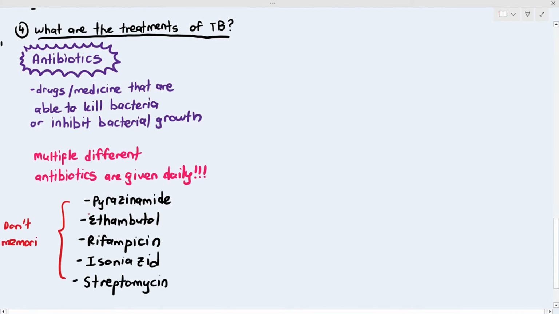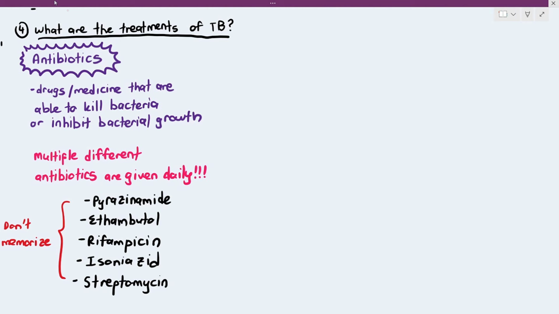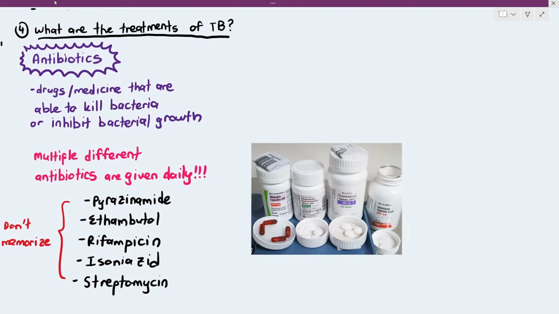Shit, do I need to memorize this? No, you don't have to memorize it. But what you do need to know is multiple different antibiotics are given to the patients daily. In fact, in some cases, the patients may need to eat a total of 10 to 15 tablets per day because some of those medications have to be taken twice or 3 times a day.